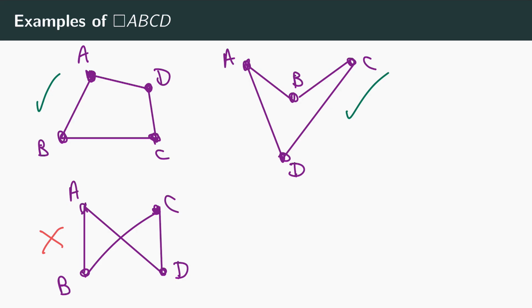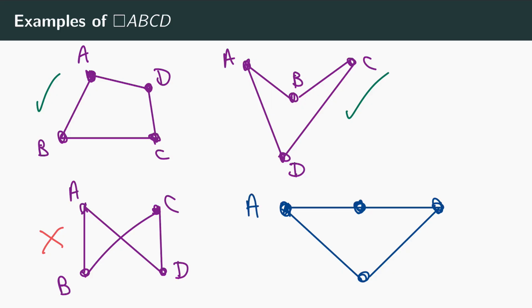The next thing that's bad is we are not allowed to have a triangle with an extra point on it. This one's bad because A, B, and C happen to be collinear in this picture. So the top row are good, the bottom row are both bad because they violate our rules.